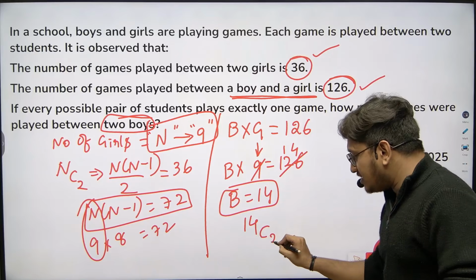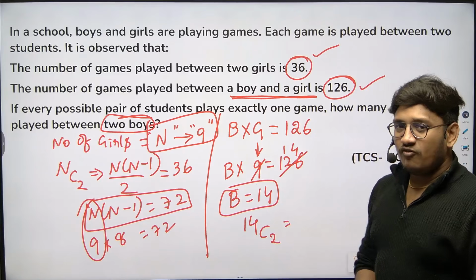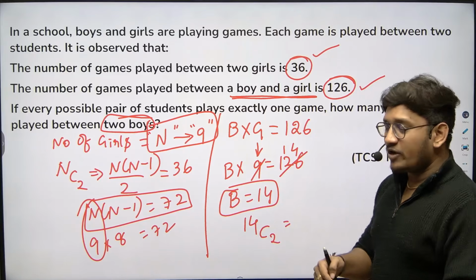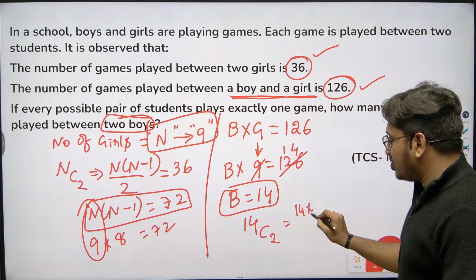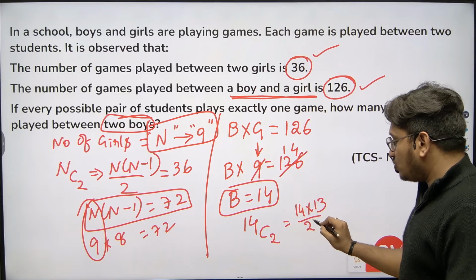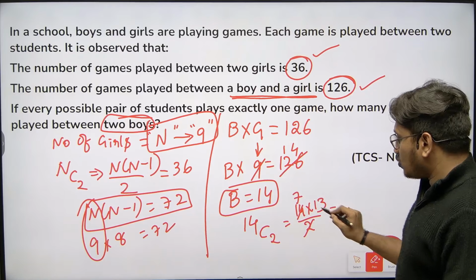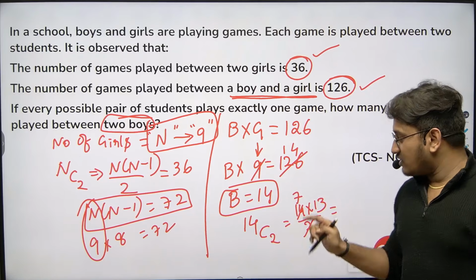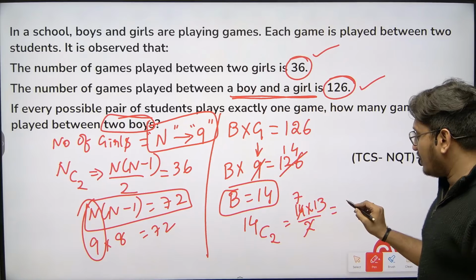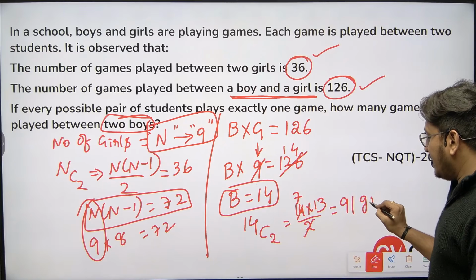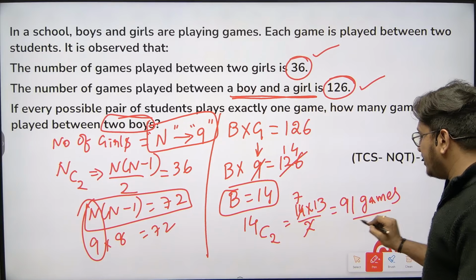So 14C2, you need to select two boys out of 14 for playing each game. 14C2 means 14 into 13 by 2, which is 7 into 13. 7 times 10 is 70, 7 times 3 is 21, and 70 plus 21 is 91. There are 91 games played between two boys.